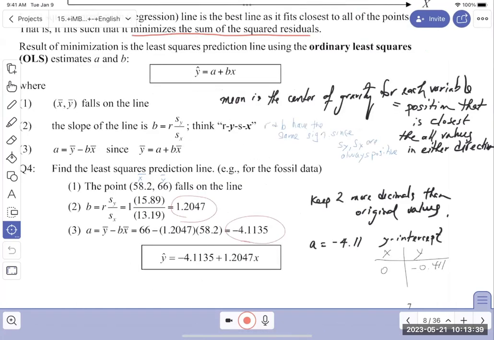So this says when the leg bone is 0 millimeters, the arm bone is -4.11. Does that make sense?